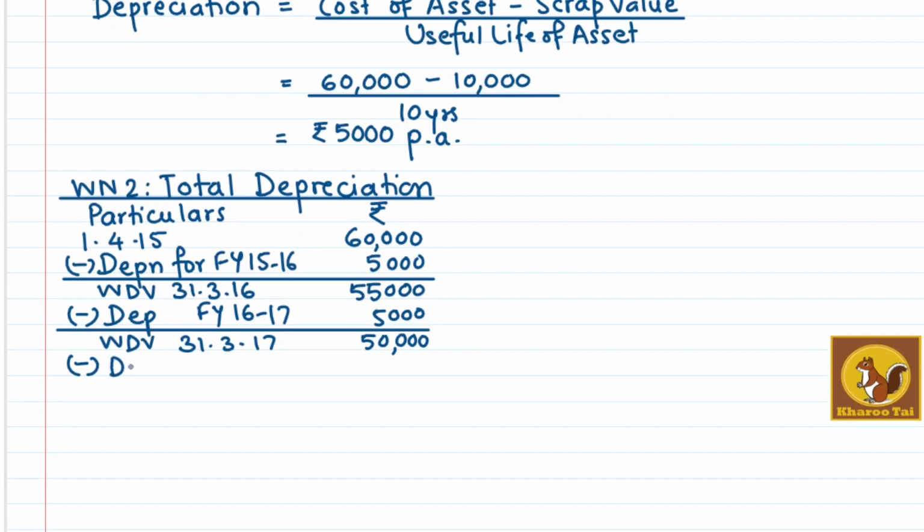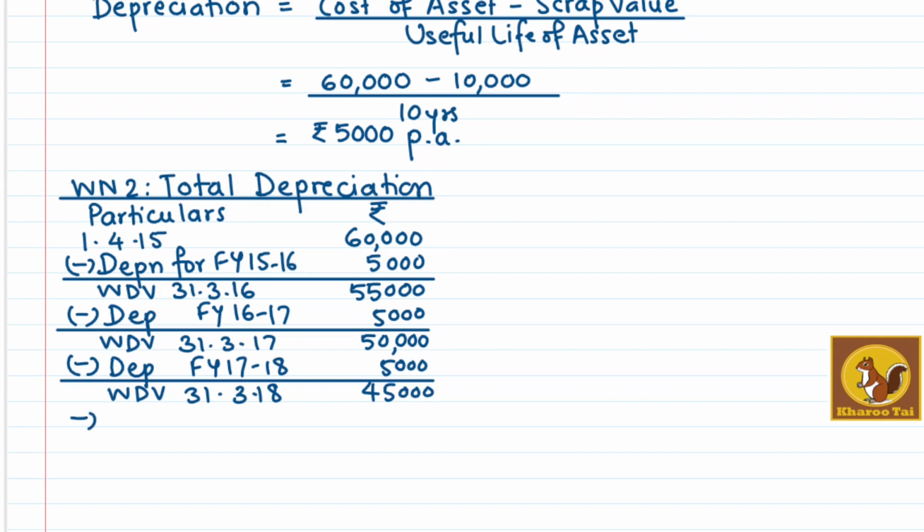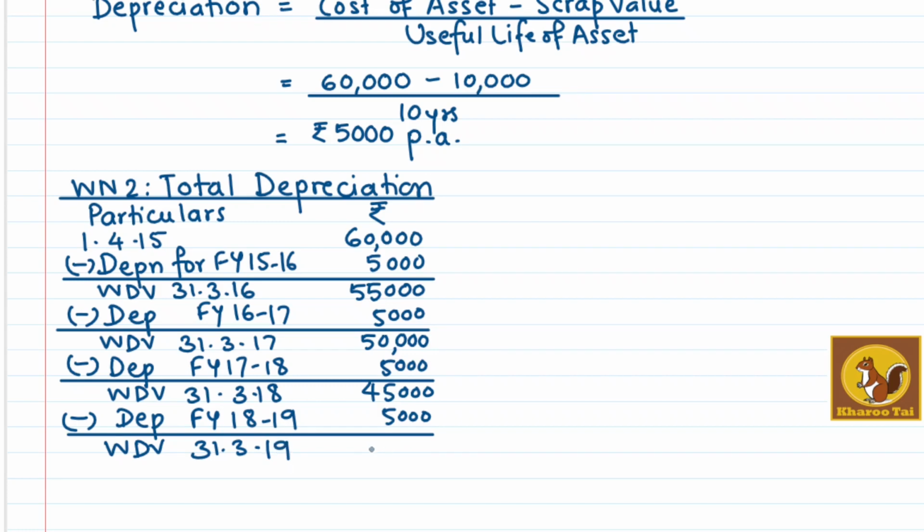Then for the third year, depreciation again will be 5,000, and WDV will be 45,000. And in the fourth year, depreciation will be 5,000 again, and WDV at the end of the fourth year will be 40,000.